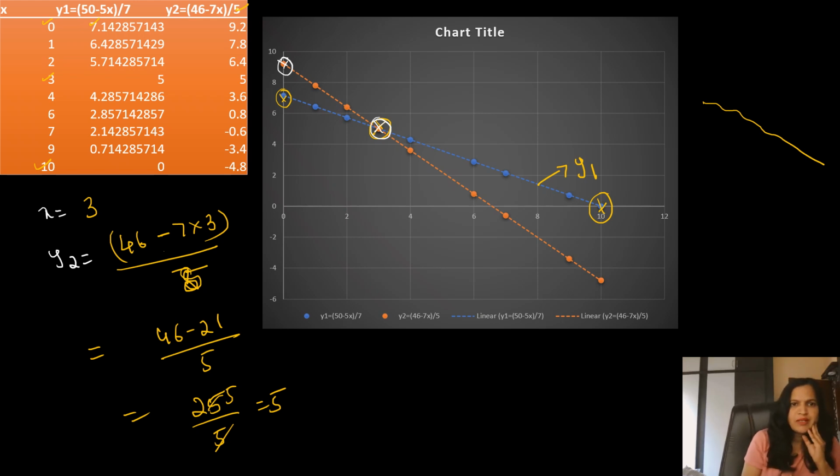So you already marked this point 3, 5, common for both the lines. Then one more point you have to mark to draw this line, the last point when x equal to 10. Let's calculate that.